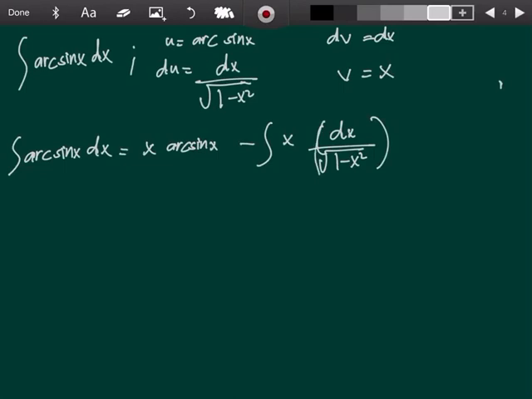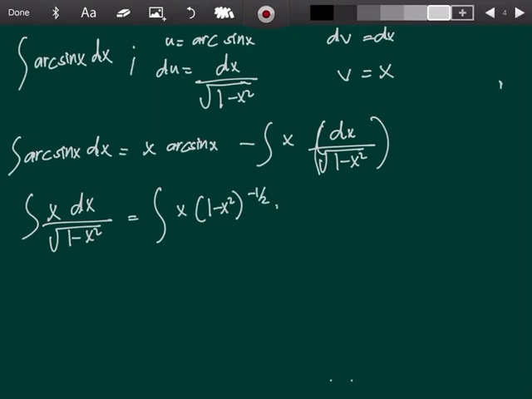Okay, so paano natin ito gagawin? So, the integral of x dx over square root of 1 minus x squared, para siyang equal siya saan? The integral of x (1 minus x squared) raised to negative 1/2 dx.